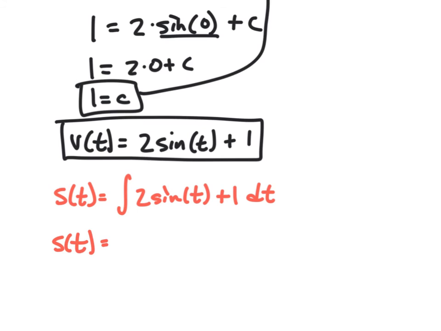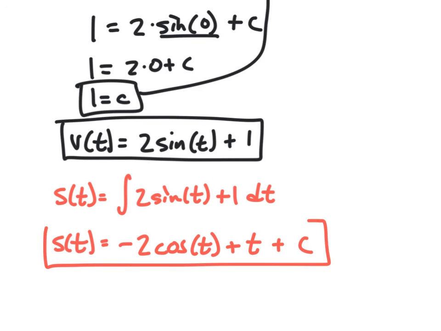So the antiderivative of sine is actually going to be negative cosine. So I'm going to write this as negative 2 cosine of t, and then plus t, and then plus my constant c. And if you ever want to figure out if you've taken the antiderivative correctly, just take its derivative, and you should get what you started with down here. So this is my general solution.